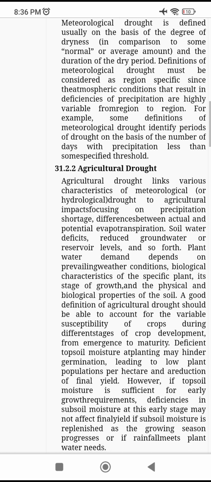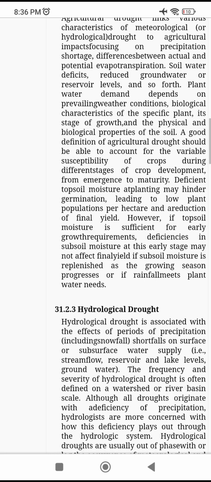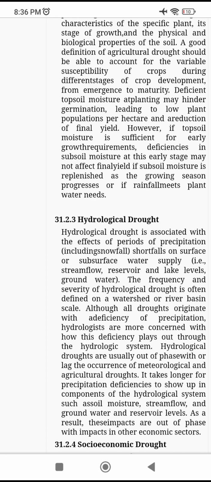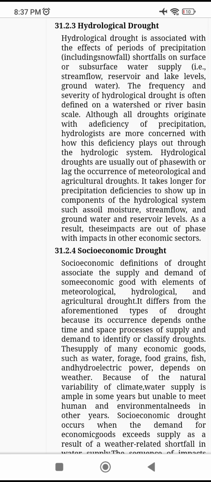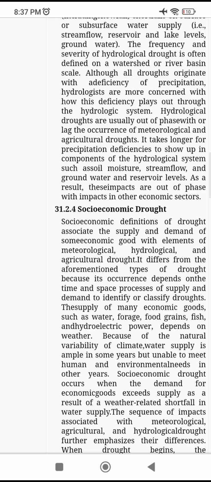Then agricultural drought links various characteristics of meteorological drought to agricultural impacts, focusing on precipitation shortages, differences between actual and potential evapotranspiration. Then hydrological drought is associated with the effect of periods of precipitation shortfall on surface or subsurface water supply. Then socio-economic drought is the definition of drought associated with the supply and demand of socio-economic goods with elements of meteorological, hydrological and agricultural drought.